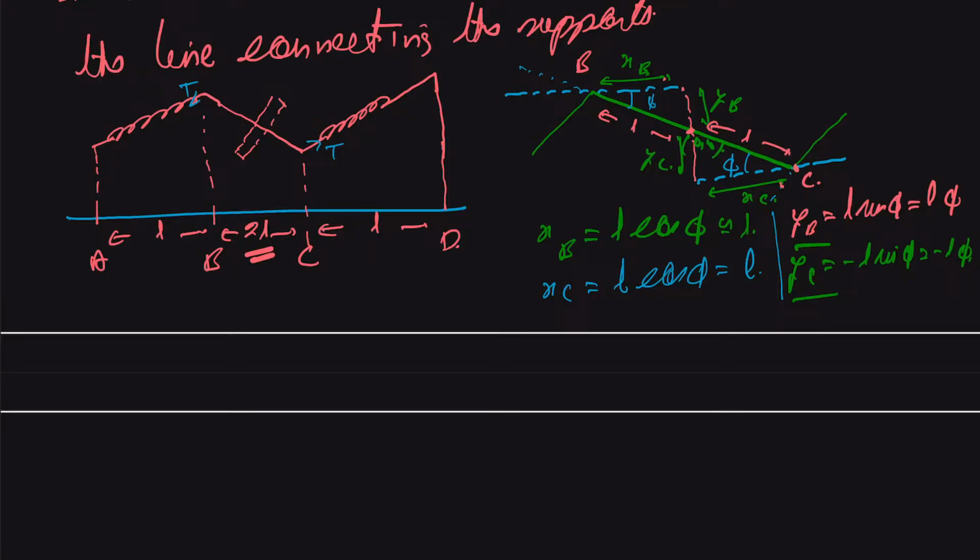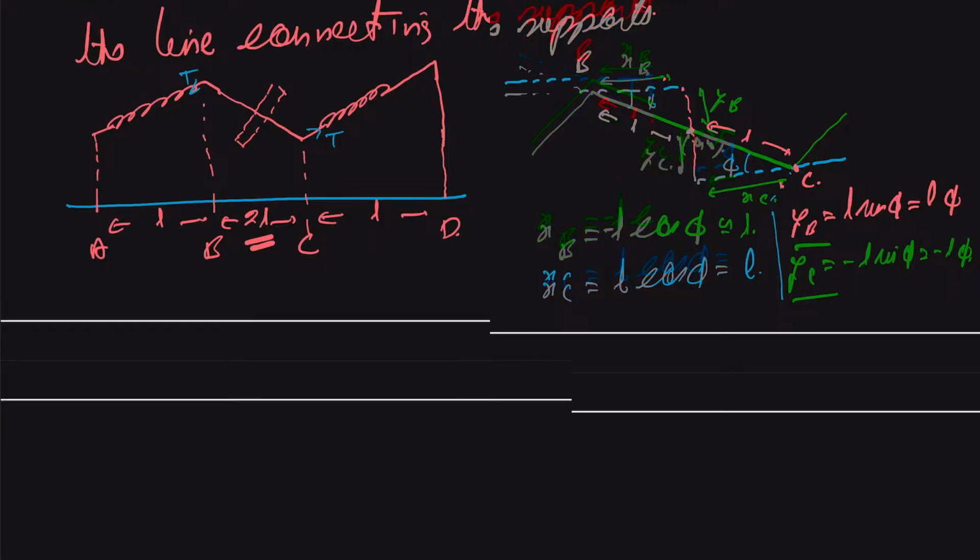So x of B will be basically minus, and y of C will also be minus, okay, because center of mass is our origin. So we got the y coordinate and x coordinate.